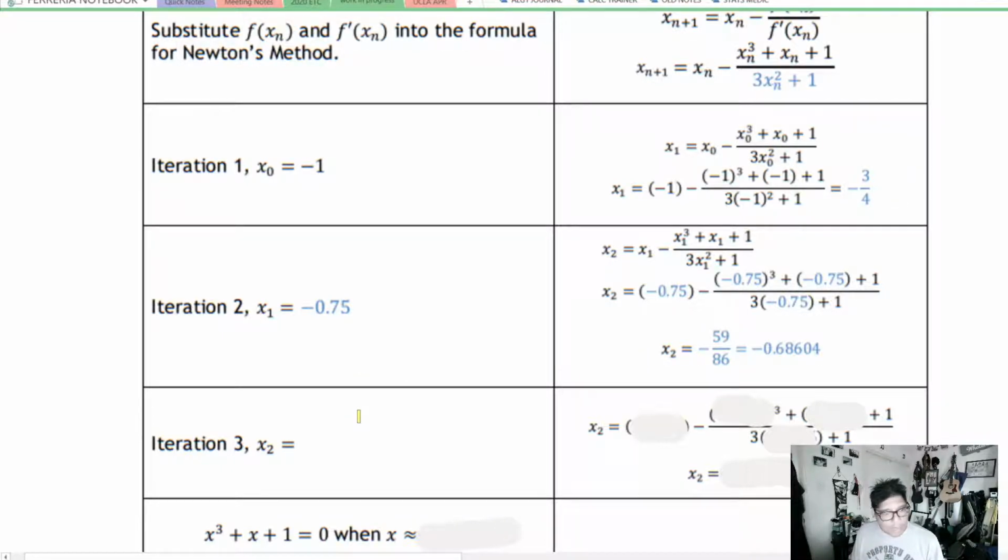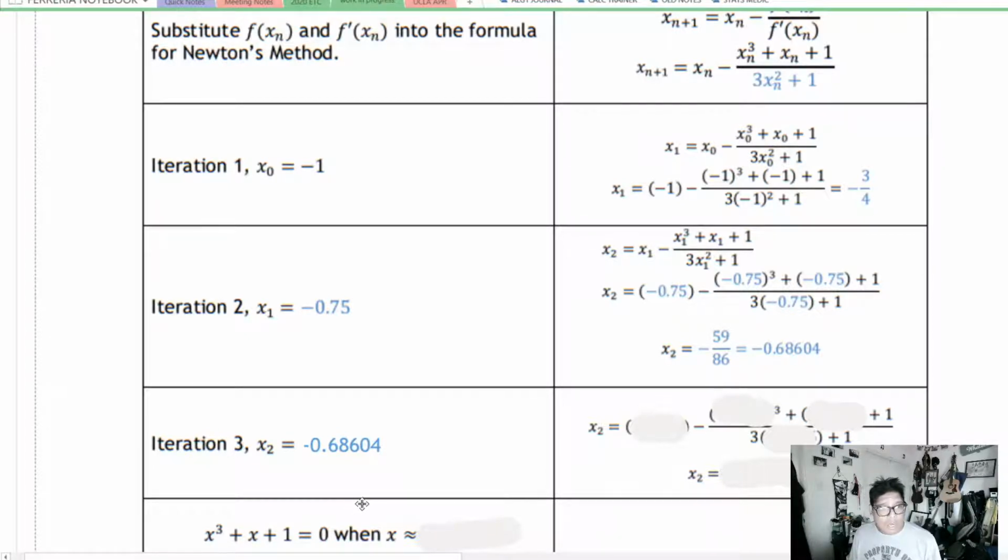So x2 is this number. So we're going from x1 now. We're going to seed x2 into our formula. So x2 is negative 0.68604.